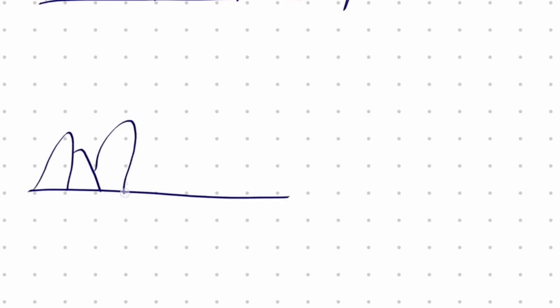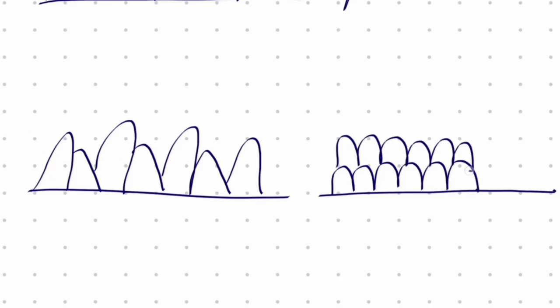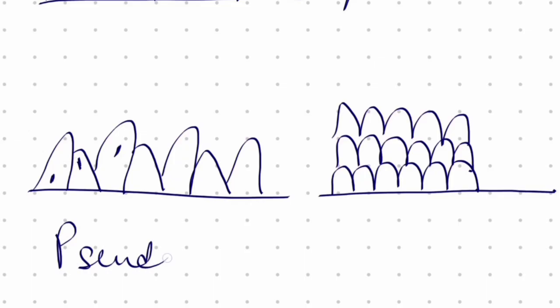Now finally, I would like to emphasize that there is often a confusion between the pseudostratified epithelium, as I have already described, with the stratified columnar epithelium, the usual ones. Here the nuclei are at different levels in the pseudostratified.